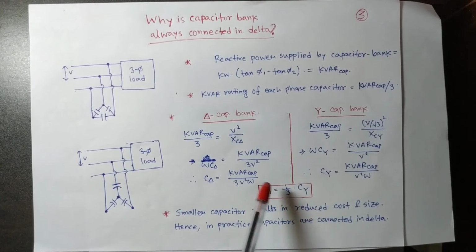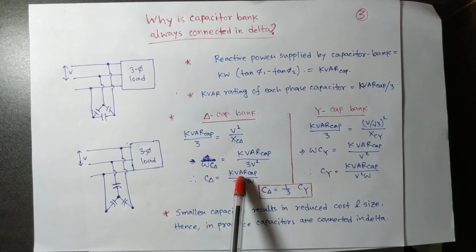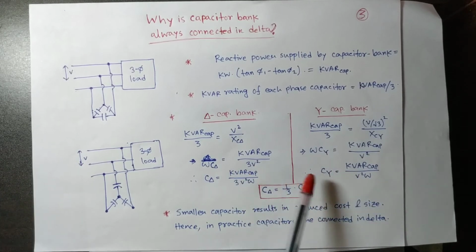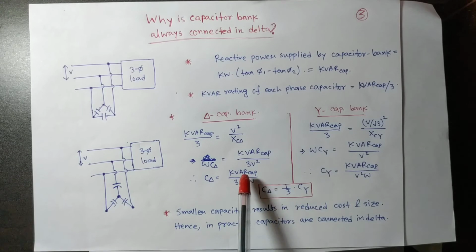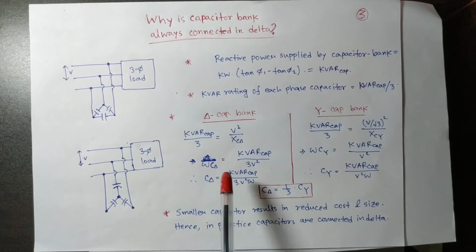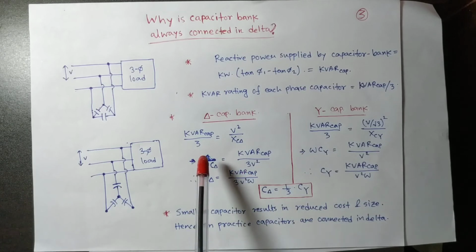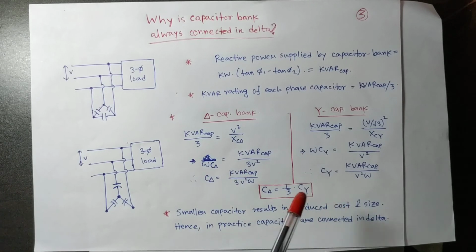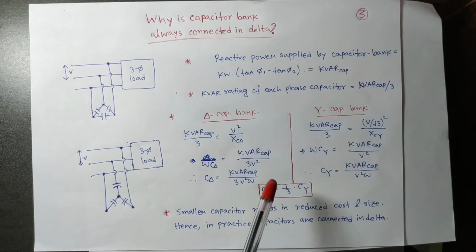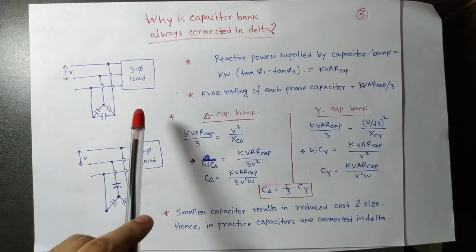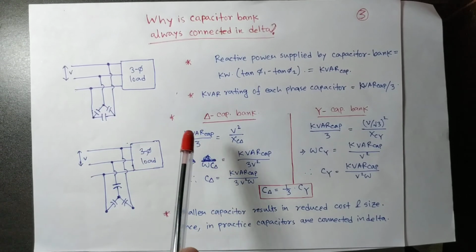And for a fixed reactive power demand, in both the cases the reactive power demand is the same. So for the same reactive power demand the capacitor value is lesser in the delta case compared to the star. So for the same reactive power you will definitely go for a smaller capacitor value, right? That is why the capacitor bank is always connected in delta in a three phase system.